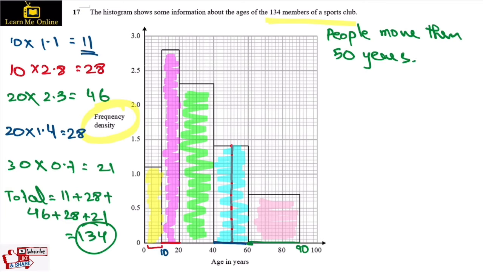The last box, which represents 60 to 90, would definitely be more than 50 years, and it is 21. The bar between this part is 28, but more than 50 would be 14, because this part here represents 50. So the people who are more than 50 years of age is 14 plus 21.